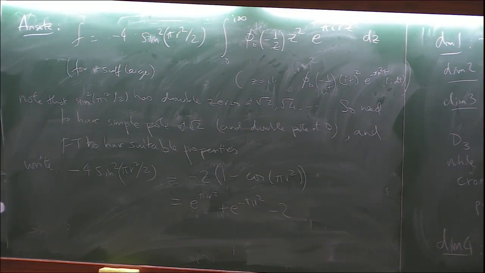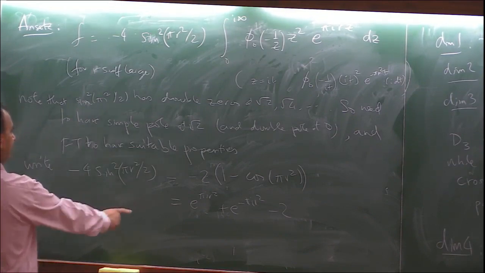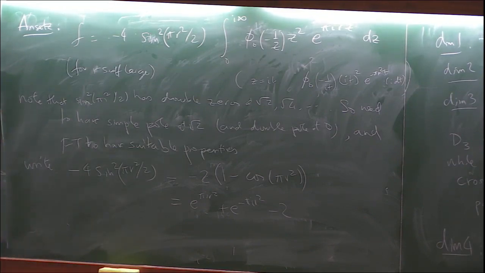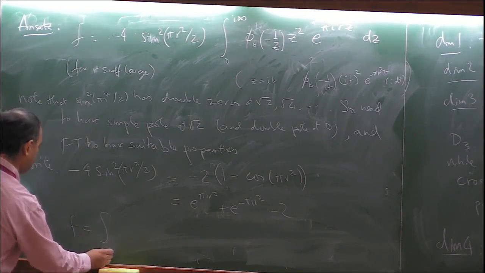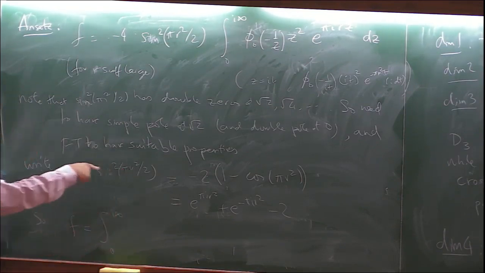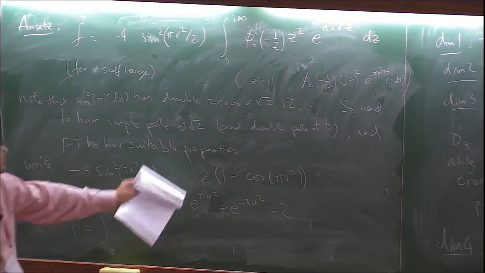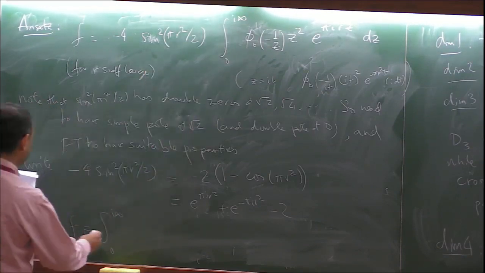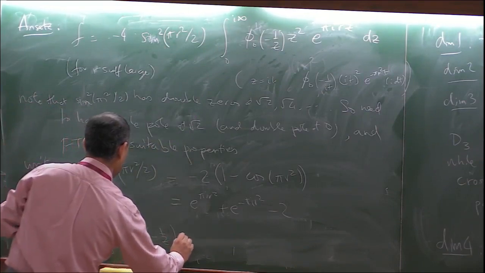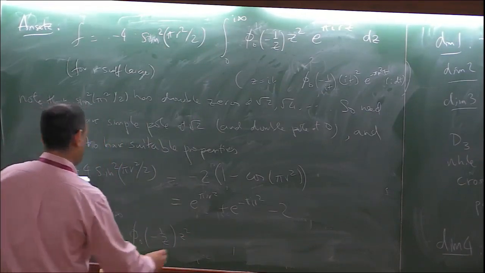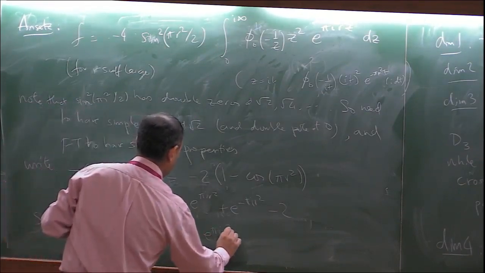Okay? So in particular, what happens is, we write f as the integral from 0 to i infinity. So pull this factor inside the integral, and you can rewrite this as φ0 of -1/z, z squared, e^(πi r² z).